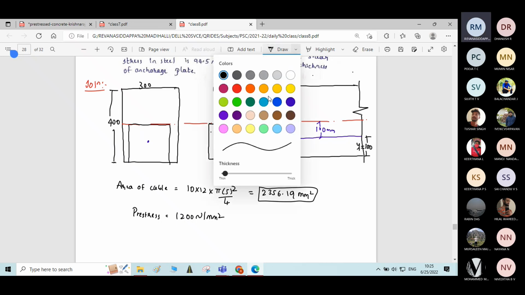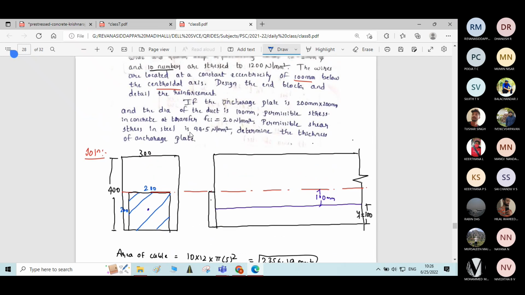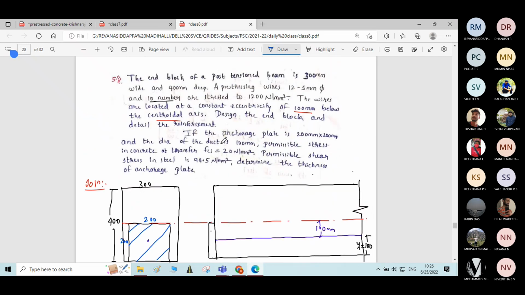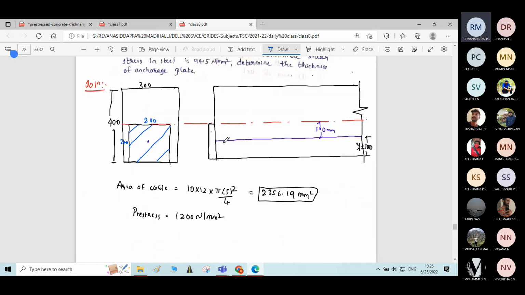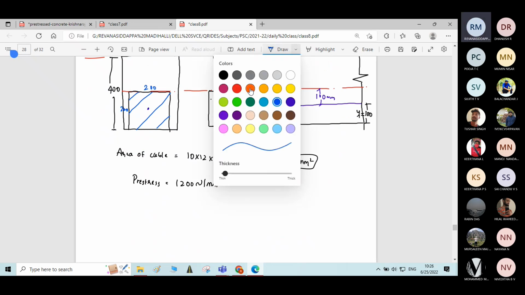This is the cable plate having 200 by 200 dimension. Okay. If the anchorage plate is 200 by 200 and dia of the duct is 100 mm. So here, as it is a post tension beam, duct is provided.